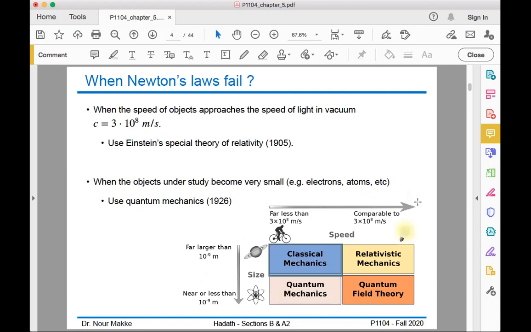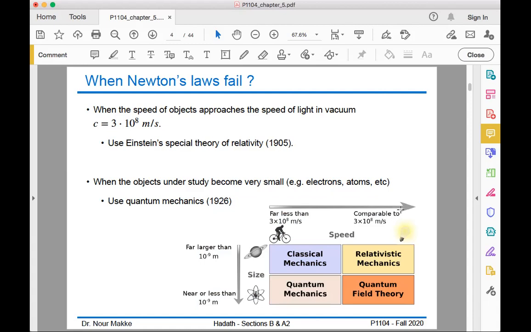The horizontal axis represents the speed of an object. At the beginning of the axis, you are moving at low speed, like for example any person on a bike or a car, or a projectile, anything, a ball. And we are going in this direction.